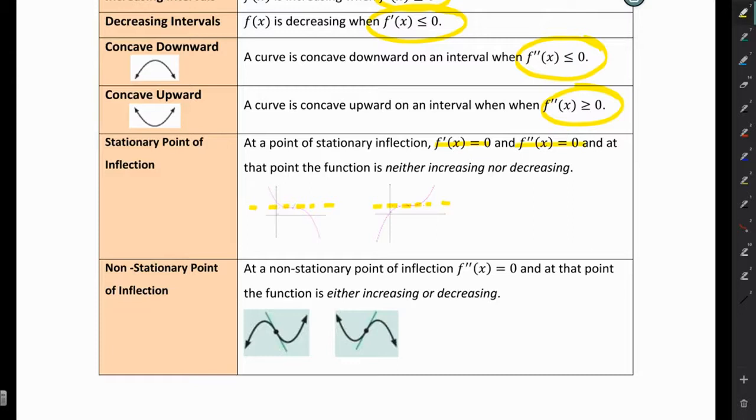It wouldn't show up when we take the first derivative and decide where it equals 0. A non-stationary point is only going to show up when we take the second derivative. And in that case, at that point, the function will be either increasing or decreasing, right? So we have a decreasing tangent line here and an increasing tangent line here.